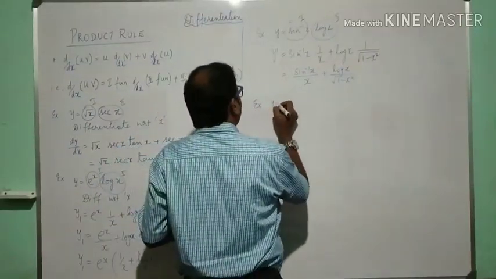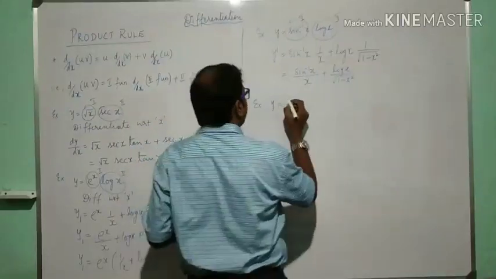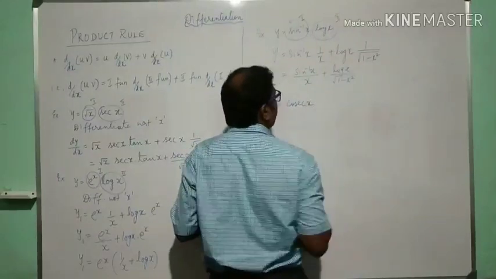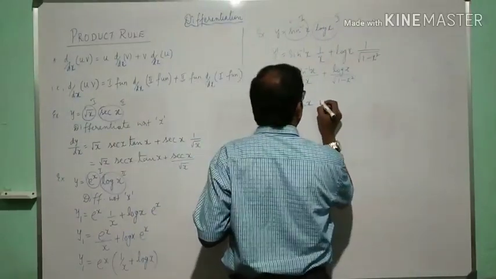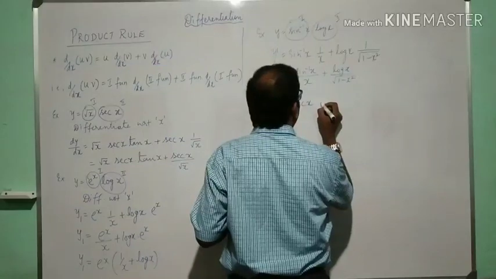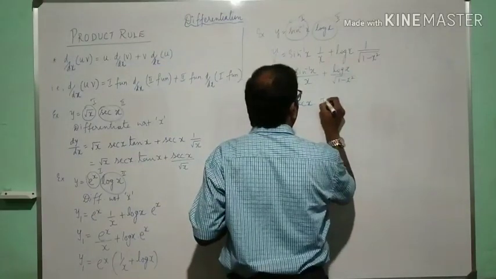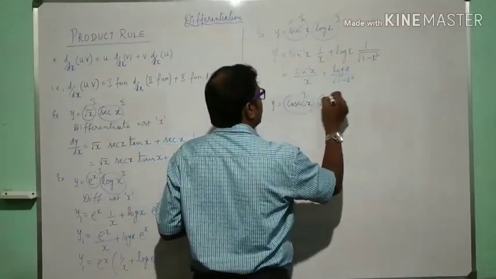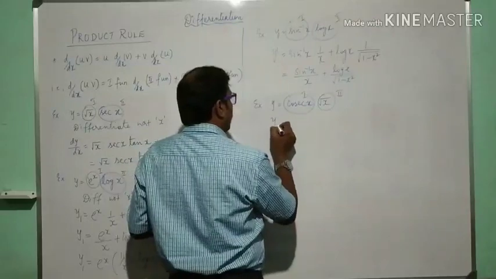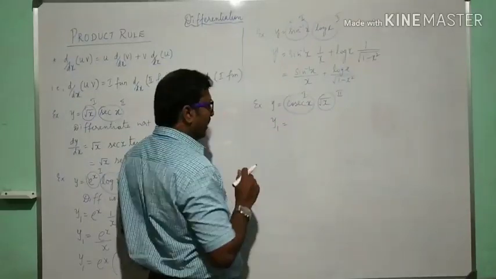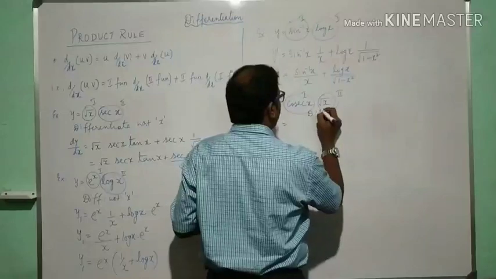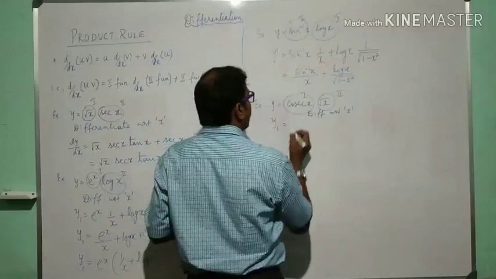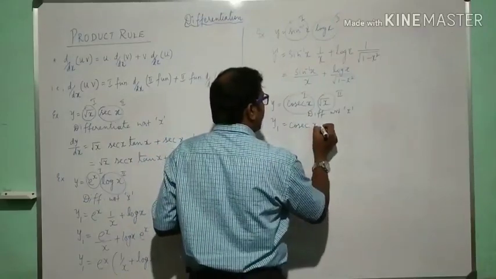Another example, where y is equal to cosecant x into root x. Now this is the first function, this is the second function. y1 is equal to, that is the derivative. When you differentiate with respect to x, here take the first function like that only.